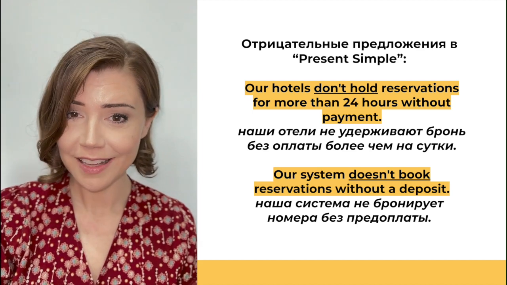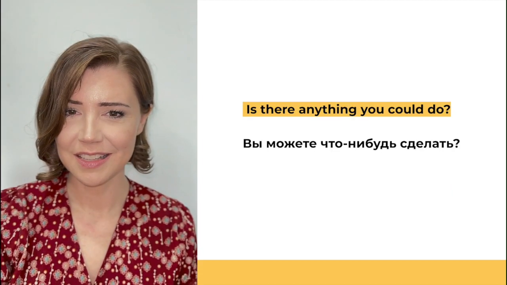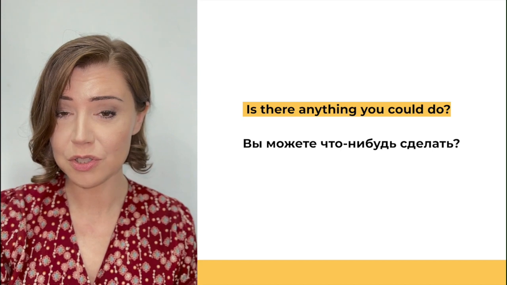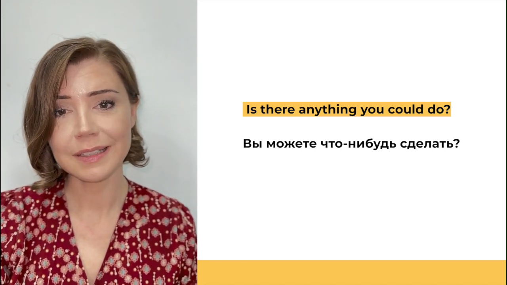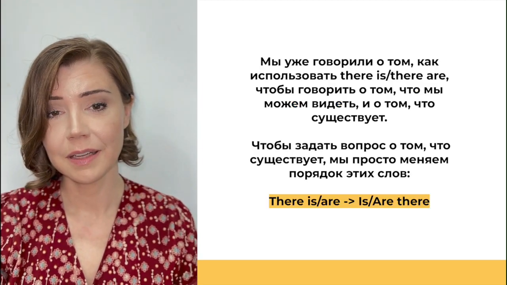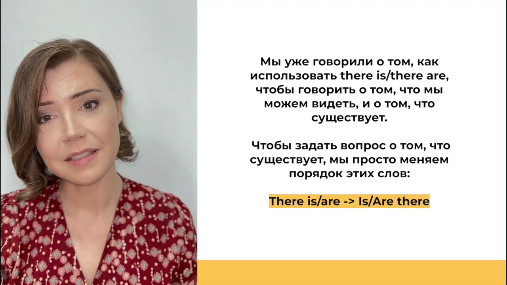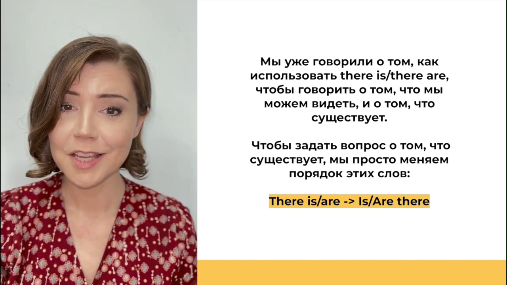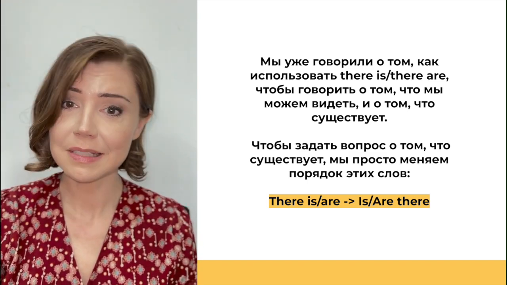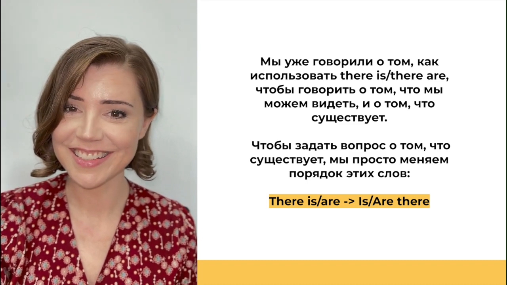Our next highlighted sentence is, is there anything you could do? Let's start with the expression, is there? We already discussed how to use there is and there are to talk about things we can see and things that exist.